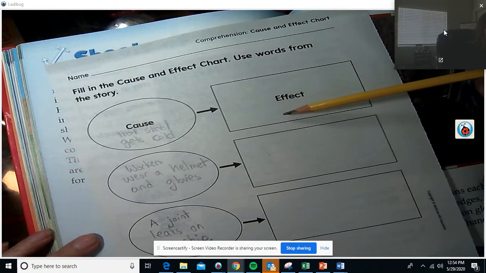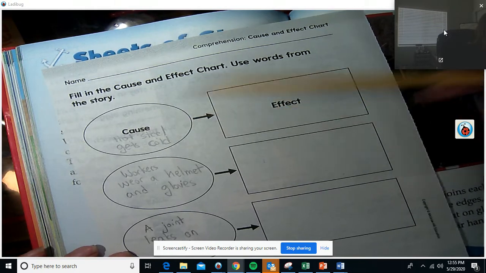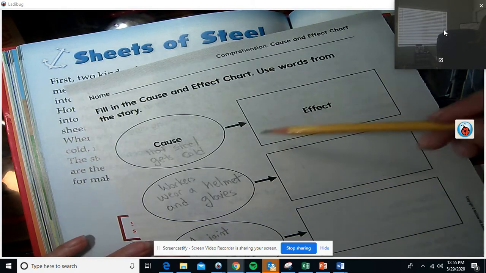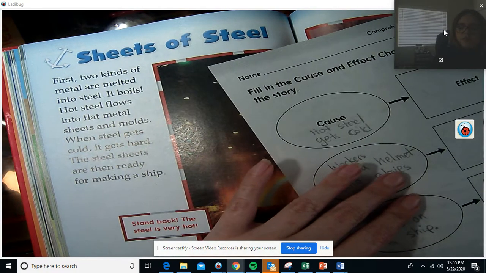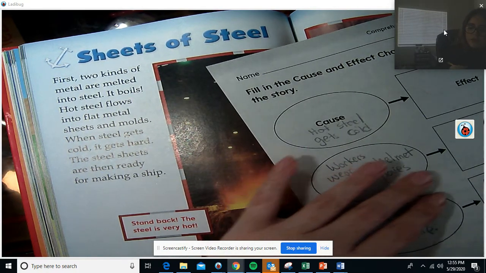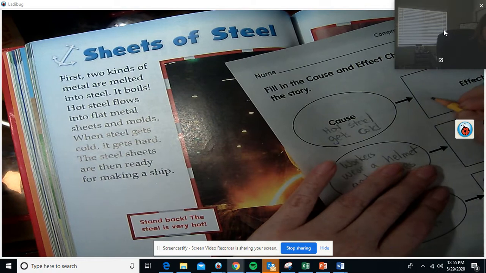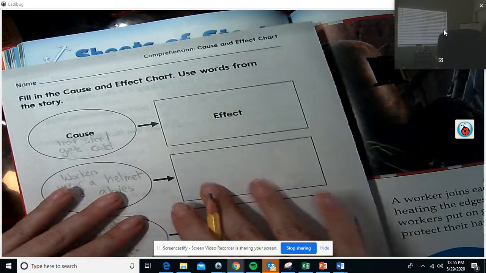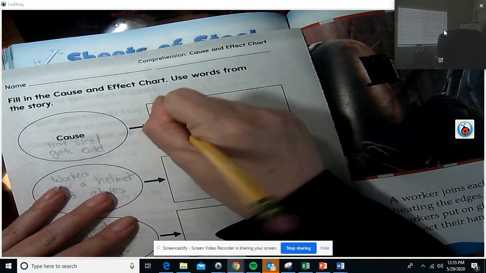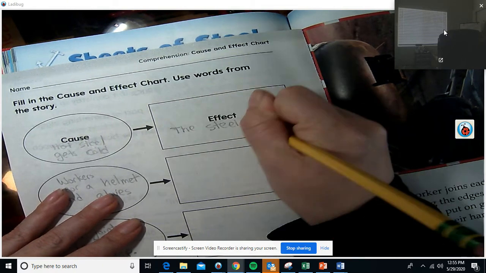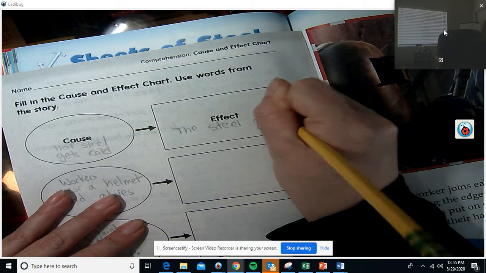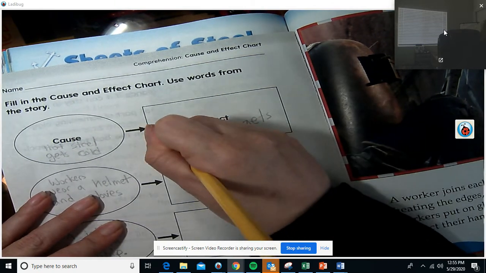So how does it get hard? Hot steel gets cold, and then the steel gets hard. So our effect is that the steel gets hard.